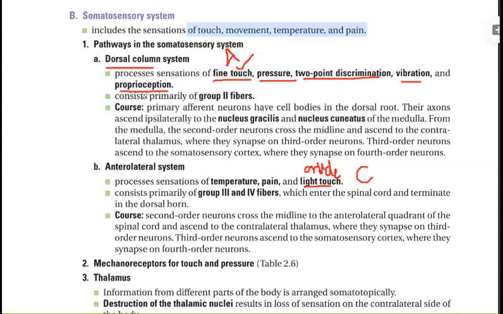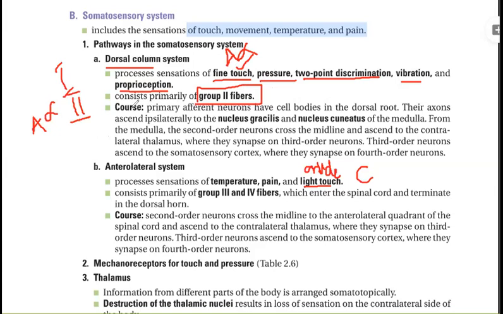Now you see they consist of group 2 fibers. In our A alpha we have groups 1 and 2, a further division in A alpha. So our group 2 fibers from the A alpha are dealing with the dorsal column system.